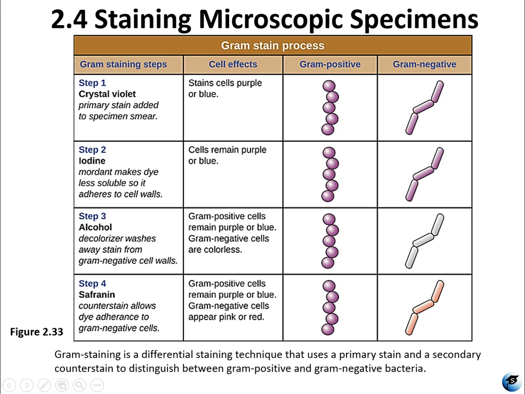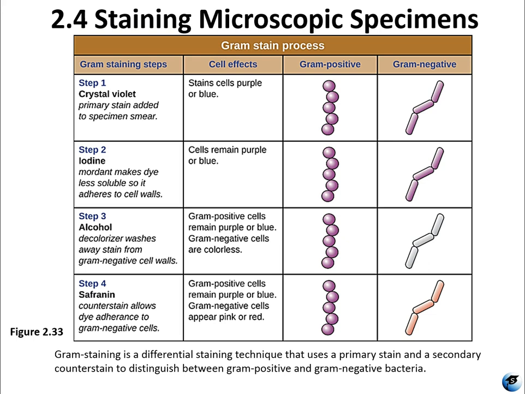For this differential stain, and in fact for most differential stains, you know that the microbe is positive if it holds the primary stain. But in order to do that, it has to have the mordant, and it has to have the required structural characteristics. So in this case, in order for it to hold the primary stain, it has to have the mordant, and it has to be gram positive.